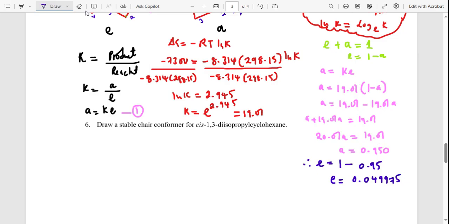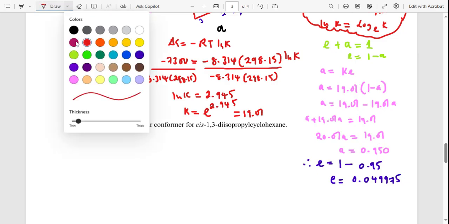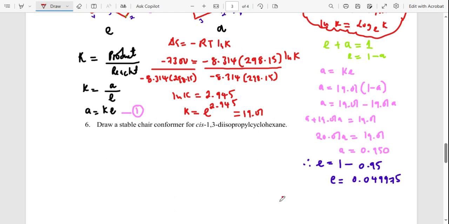So in conclusion, the amount that is in the axial is going to be 0.95, a decimal; convert it to a percentage, multiply by 100. That is 95% in the axial, and then in the equatorial, that is 0.049975 multiplied by 100.